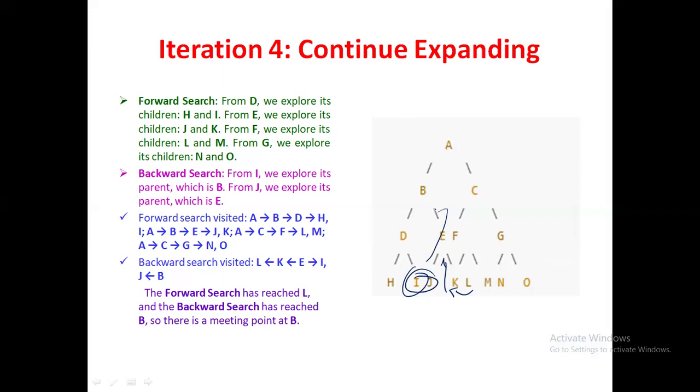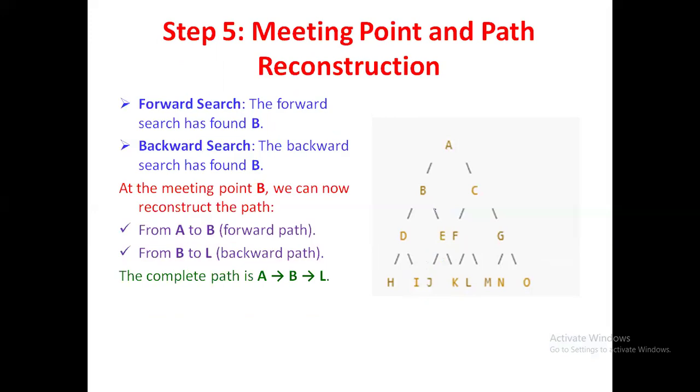This confirms that a path exists between A and L, and now we proceed to reconstruct it. In the next step, meeting point and path reconstruction. The meeting point is found at B, and we now reconstruct the path.